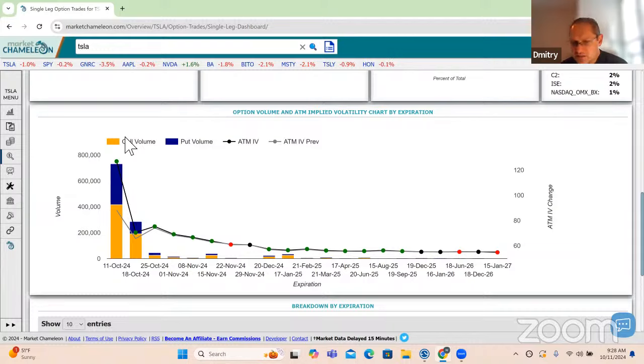And we see that for the most part, it looks like almost entirely along the curve, the implied volatility went up, certainly in the front month, and slightly went up mostly. We see a couple of reds there, but not significant on the longer end.